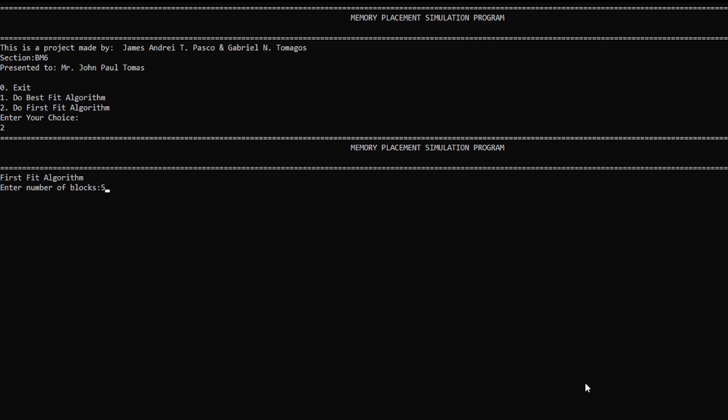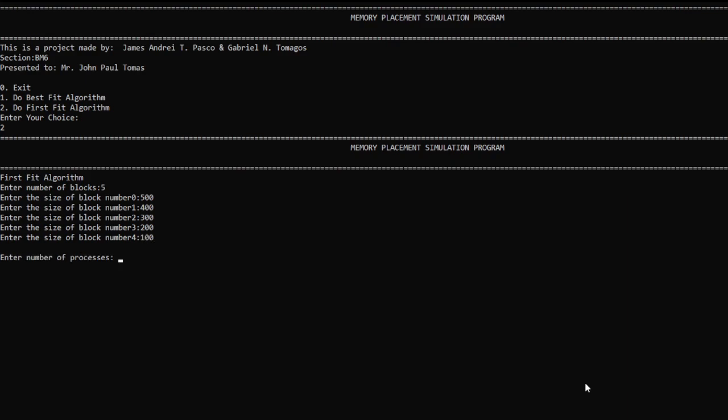So let me put the blocks first and those sizes. That is to determine the intervals between blocks and also to include the compaction and coalescing.